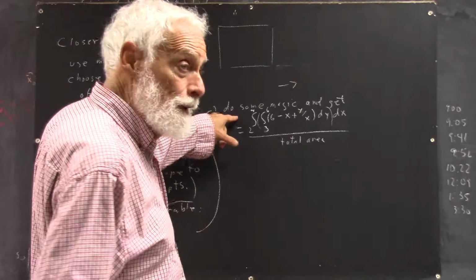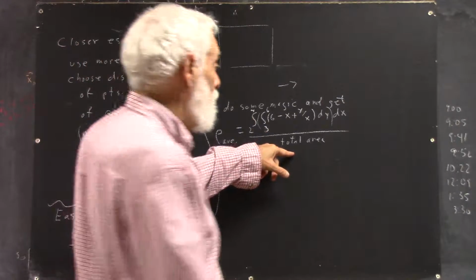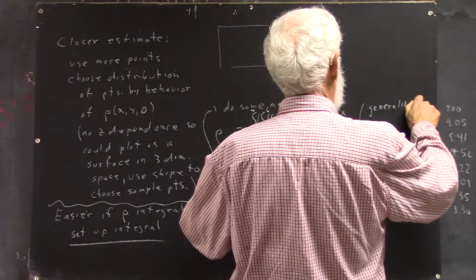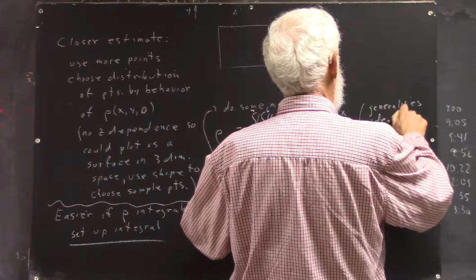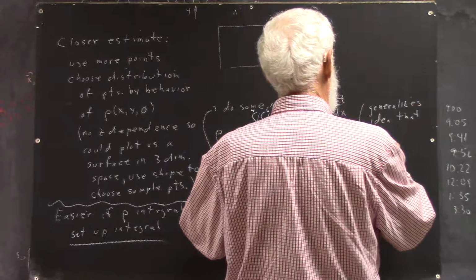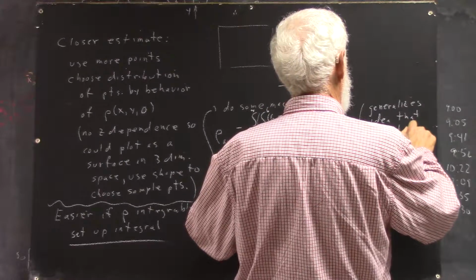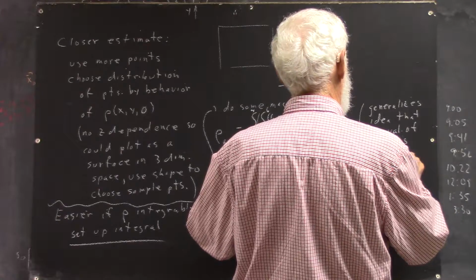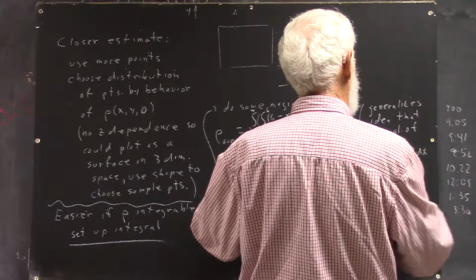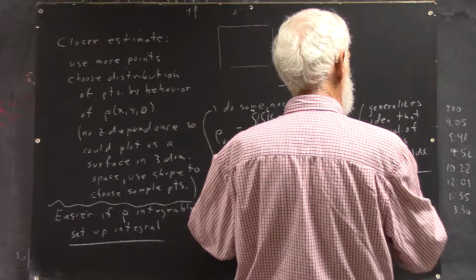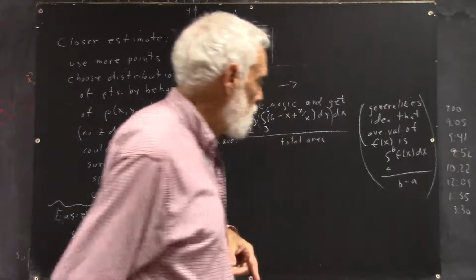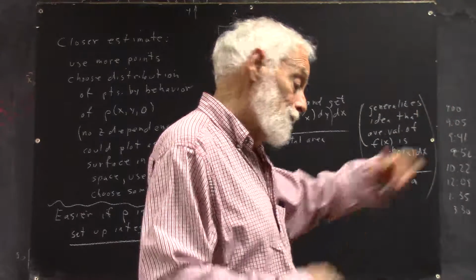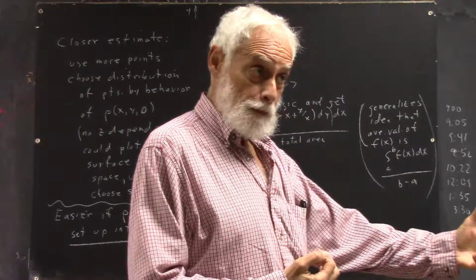We take that integral and divide it by the total area of the region, and this generalizes that the average value of f of x is just what you get when you sum up all the values of f of x and divide by the length of the interval.